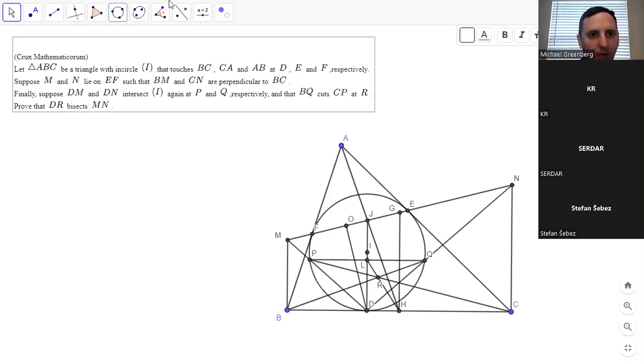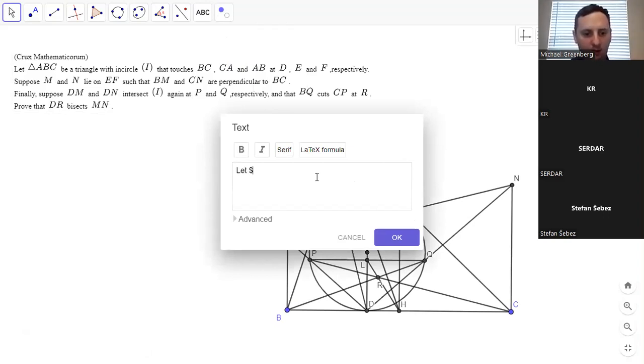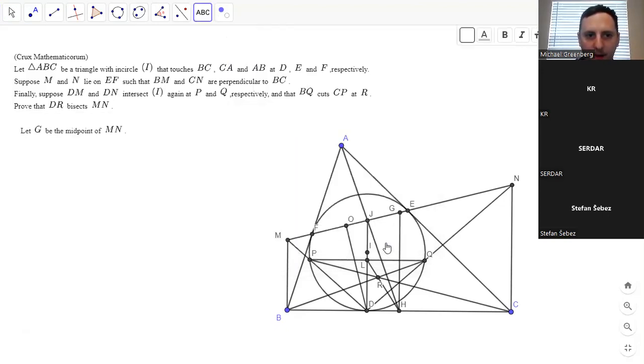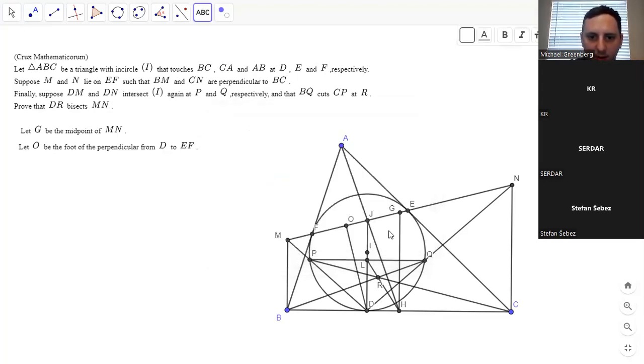So let G be the midpoint of MN. Then, so triangle FOB is similar to, or let O be the perpendicular from D to EF. And then we have basically triangle FOB is similar to EOC.